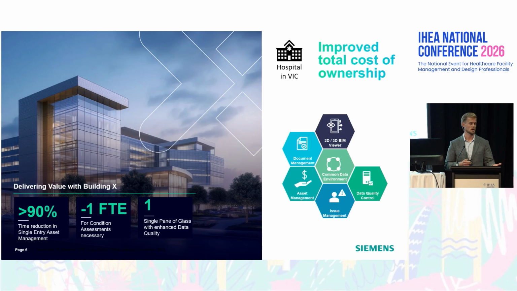Either there's no budget for new staff, or you just can't find young people coming in with the willingness to work in our industry. So that's an issue. What you need to do is take some load off those people and make it easier to do the same amount of work, or even more work, with the same number of people. And at the end of the day, you have that single pane of glass, right?